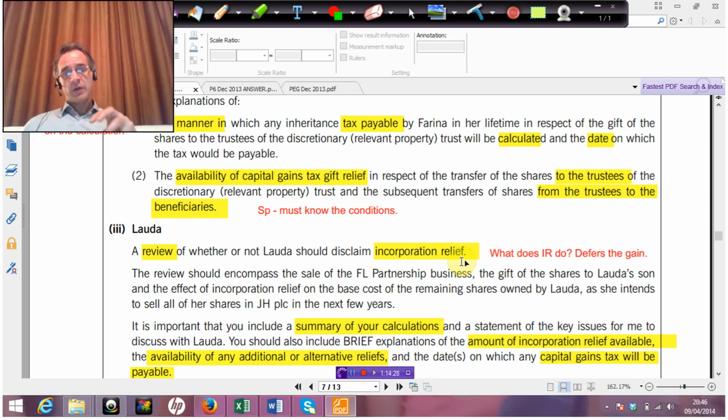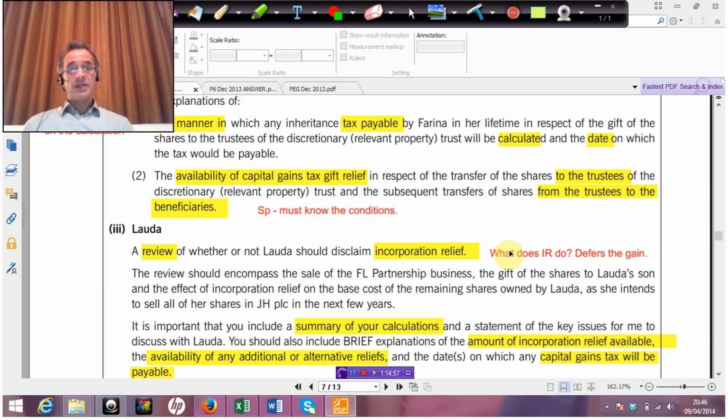But if you claim incorporation relief, you can defer that gain until the date that you sell those shares. In other words, you sell those JH PLC shares. So if you imagine a situation where we have a base cost of £100,000 and we have incorporation relief claimed of £50,000 for argument's sake, the base cost going forward for the new shares is 100 less 50, i.e. 50.